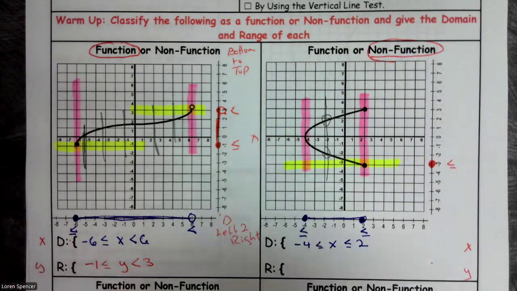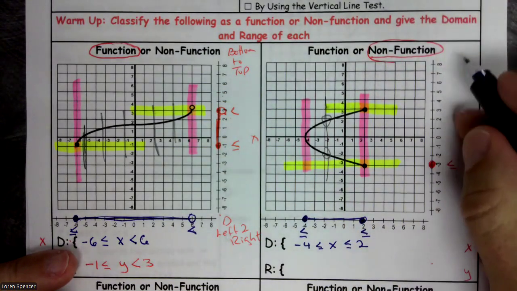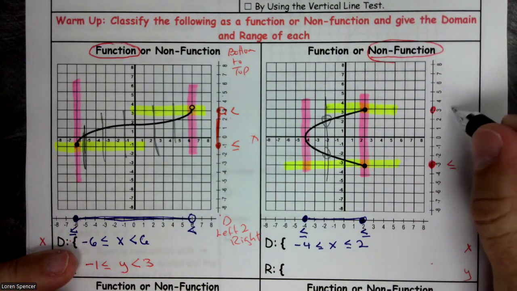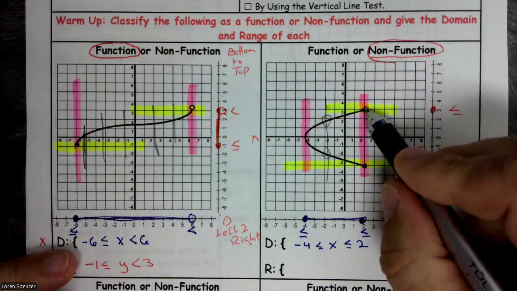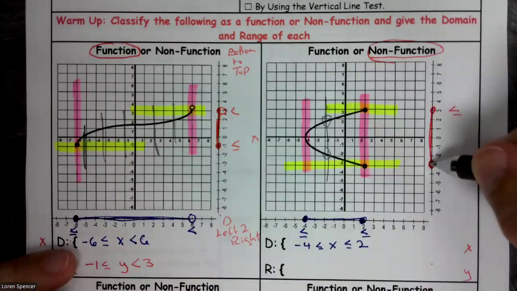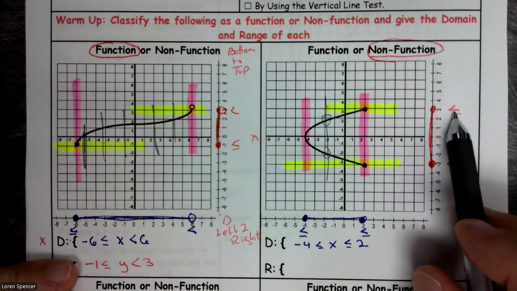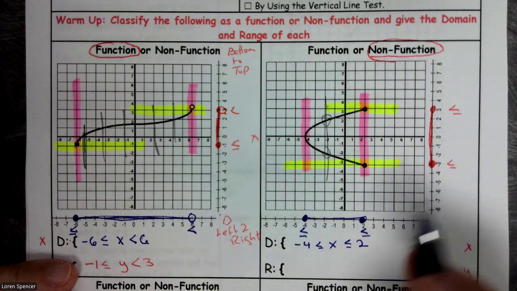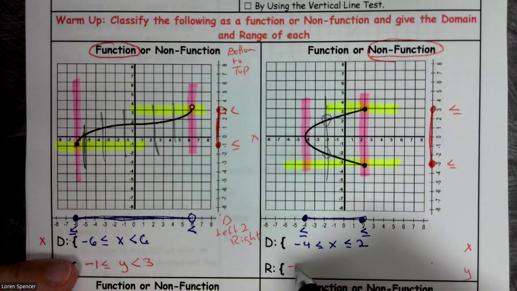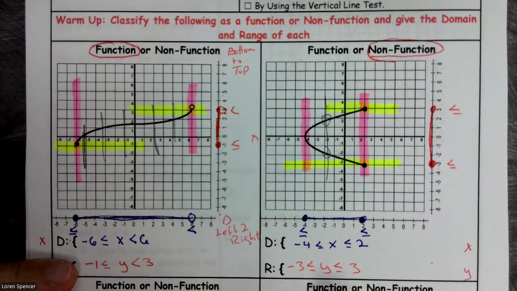And we're going to go to the top, which is at +3. Once again, it's a solid, so less than or equal to. So that's -3 less than or equal to y less than or equal to 3.